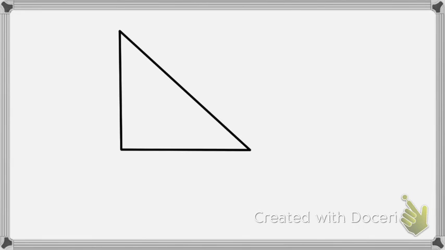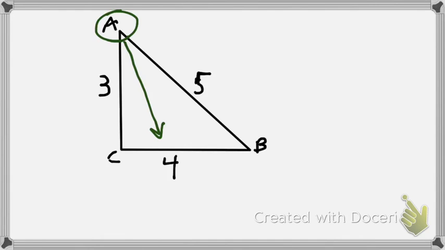So here we have a triangle. We're going to call it triangle ABC, and we're going to make it a 3, 4, 5 triangle. Now, when we're talking about opposite and adjacent, it's important that you remember it depends where you're looking from. Think about Cottonwood. We all live in Cottonwood or the Verde Valley.